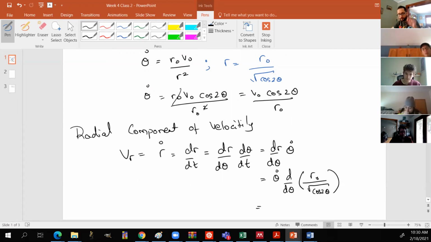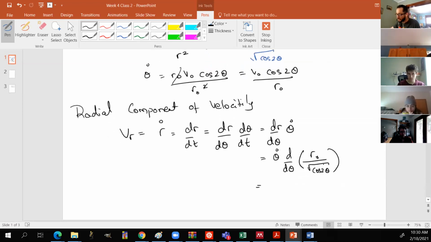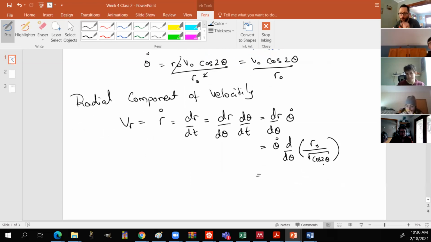Then you also have the 2 theta term, so there's a 2 that comes out of it, right? There's also a cosine 2 theta in here, so there you get a sine 2 theta term on top, right? How do you guys feel with differentiation? If you're not sure, Mathematica can just do it straight away for you. It'll give you the answer. But anyways, the derivative of this is just r naught comes out, you have theta dot times, what you end up with is sine 2 theta divided by cosine 2 theta to the power of 3/2.